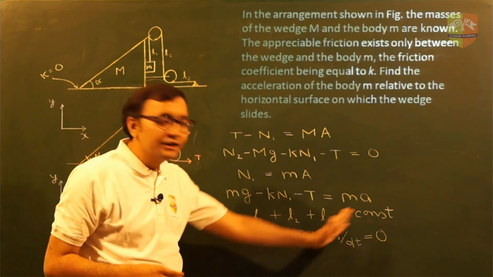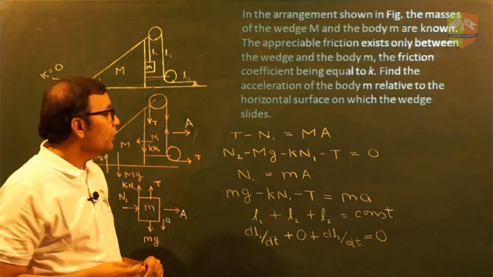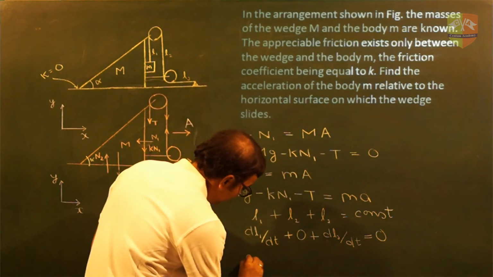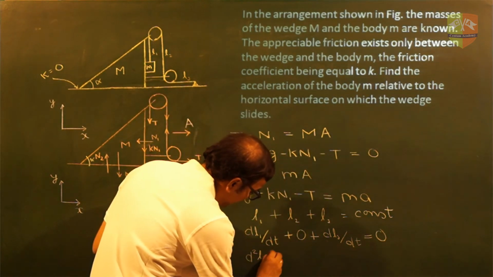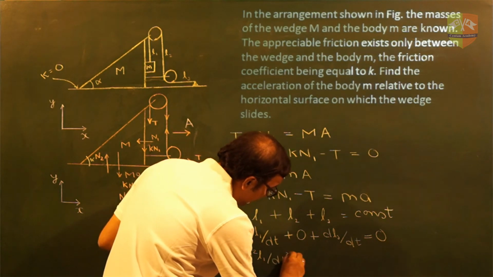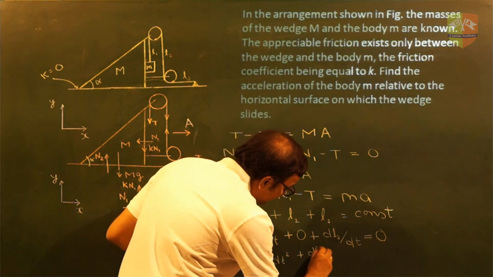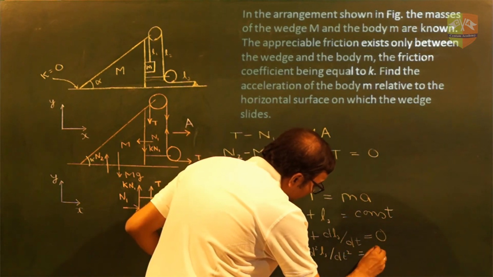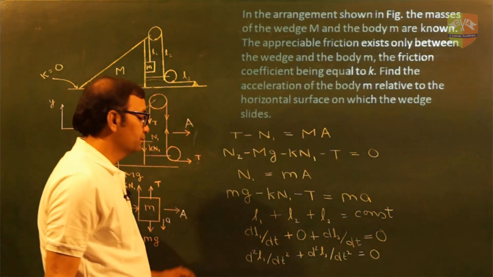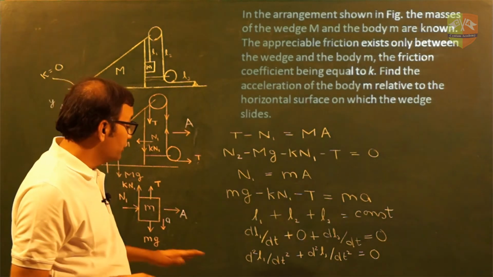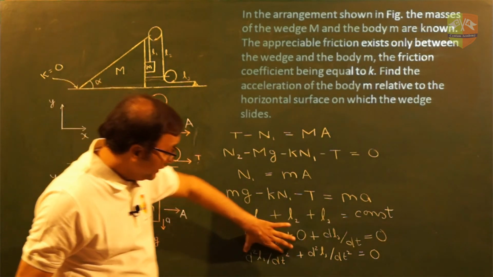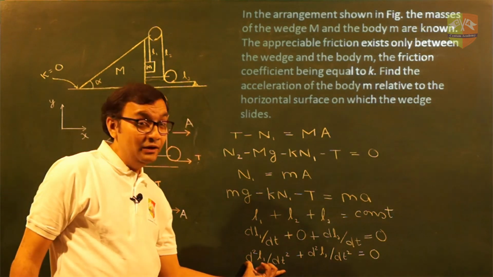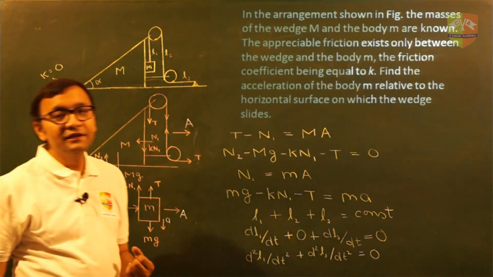Now if we differentiate this again, what we get is d square L1 by dt square plus d square L3 by dt square is equal to 0. Fine. So there is this relation which equates the acceleration of L1 with the acceleration of L3.